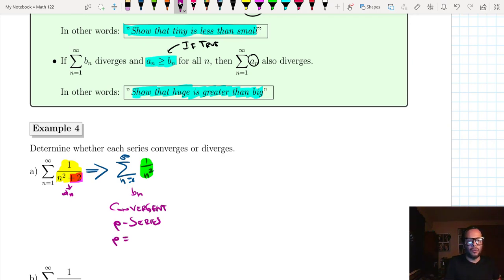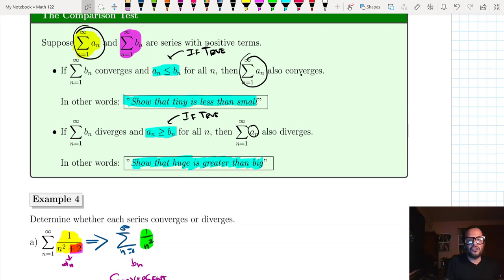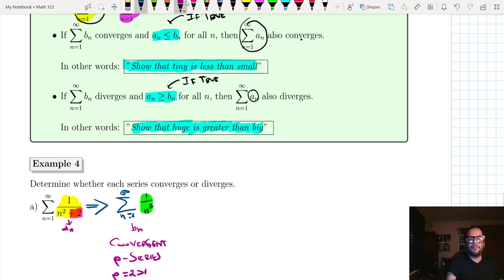Because P is equal to 2, which is a number that is greater than 1. That's how we know it is a convergent P series. So in this case, we are going to do the convergence thing. We are going to show that tiny is less than small. In other words, I'm going to try to show that a sub n is less than or equal to b sub n, where a sub n is 1 over n squared plus 2.